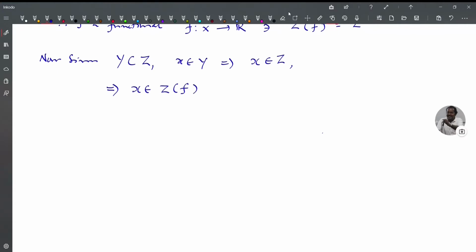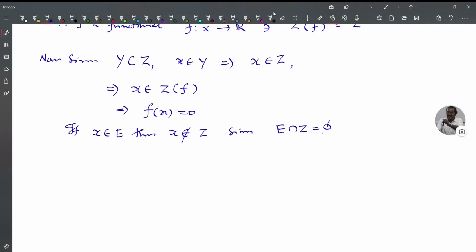So this implies f of x is equal to 0. If x belongs to E, then x does not belong to Z, since E intersection Z is empty. Therefore, f of x is not equal to 0 because the null space of f is Z.